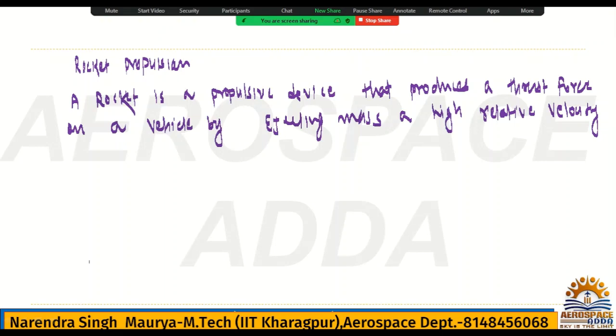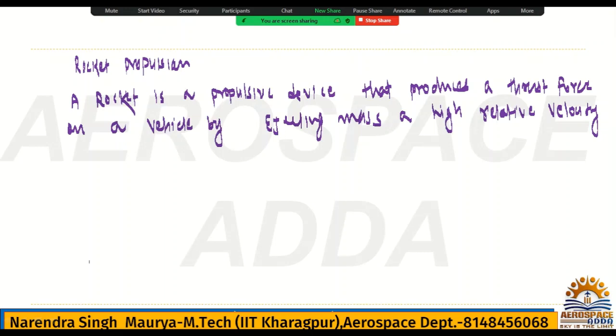So that's the reason the rocket propulsion system is a non-air breathing system, and it is useful for space missions. Jet propulsion is for commercial, fighter and passenger aircraft, and it is in the atmosphere. Hope you understood that difference. I'm not going into so much detail, but it is very clear now.